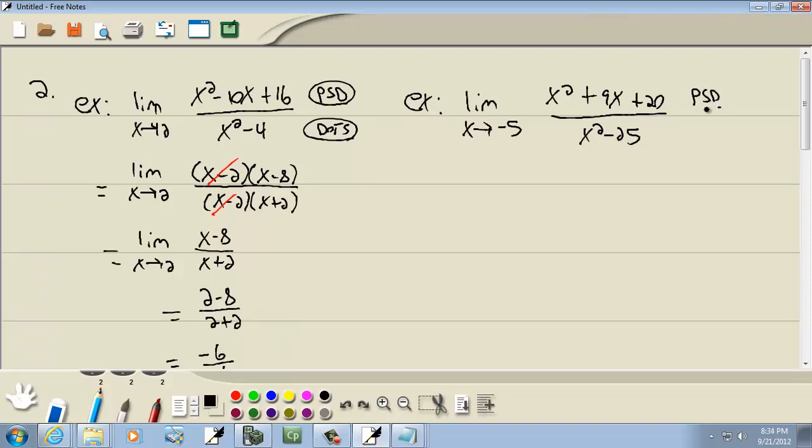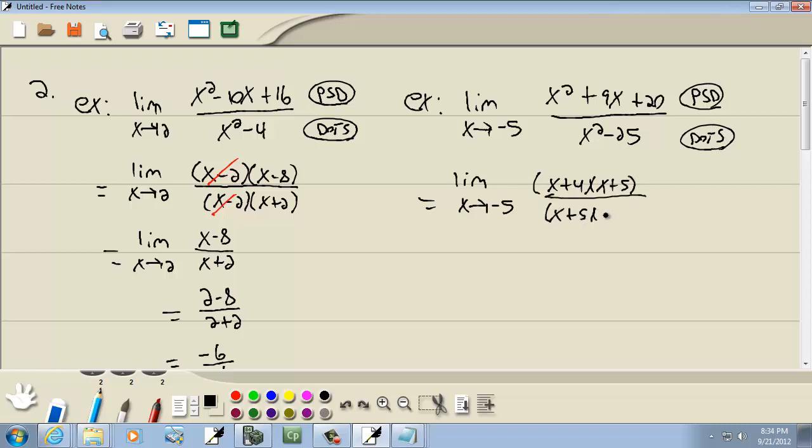Well, the top part is PSD, x squared, x, no number for the x squared. Bottom part is difference of two squares, two terms with a minus in between. So this becomes the limit as x goes to negative 5 of x plus 4 times x plus 5 over x plus 5 times x minus 5.